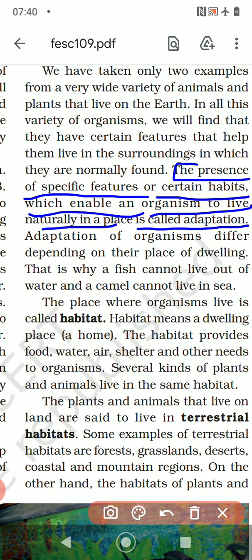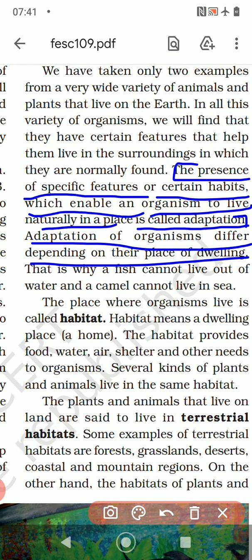Children, you have to learn the definition of adaptation as it is written in the book. Please don't make changes. Adaptation of organisms differs depending on their place of dwelling. That is why fish cannot live out of water and a camel cannot live in the sea.